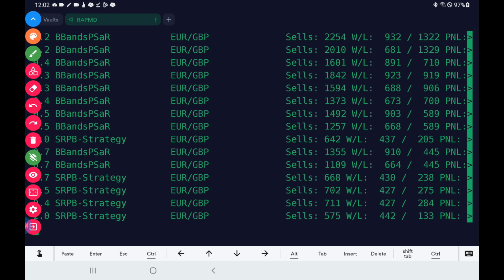There are a few cases where the wins are actually more than the losses. For example, this particular one where we had 923 wins and 919 losses. Almost a 1-for-1 ratio, but it is still on the losing side of the trades. That is important.